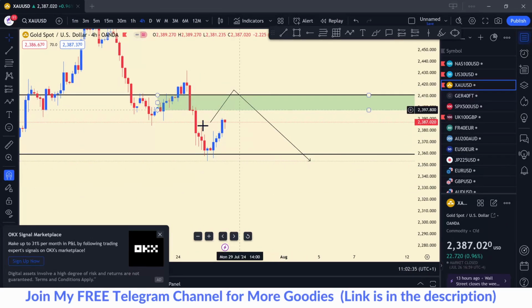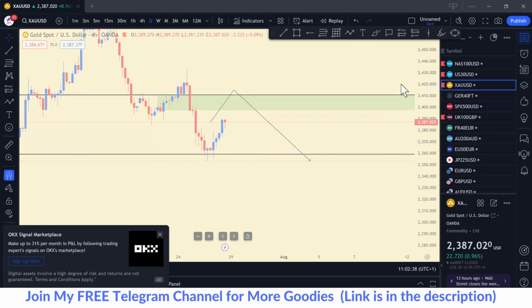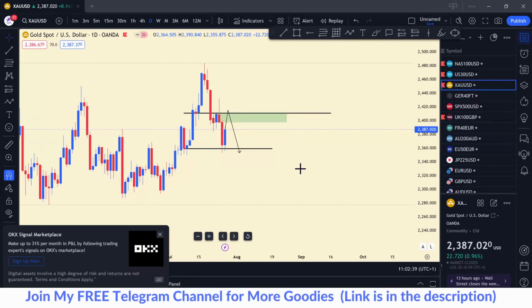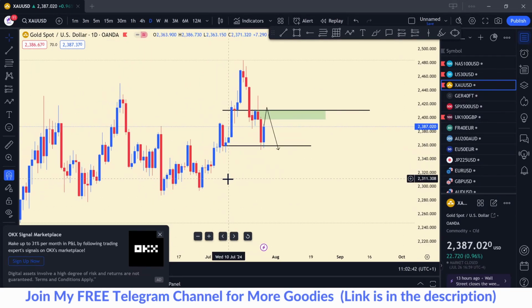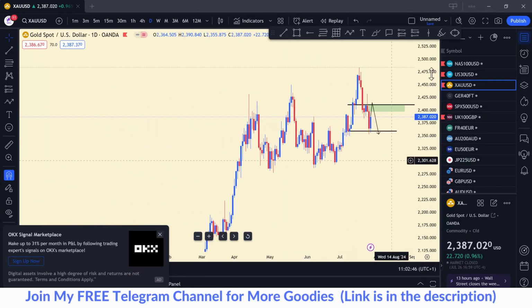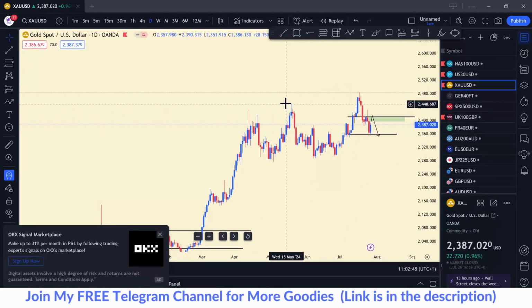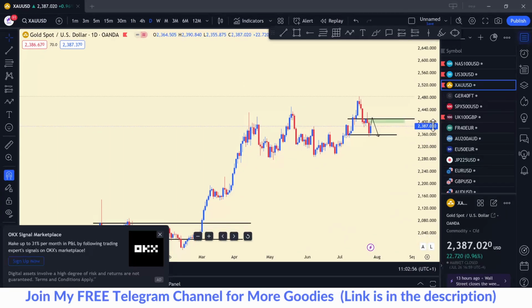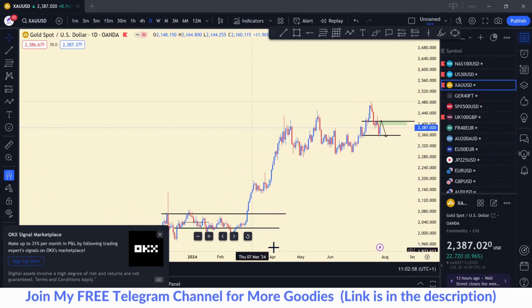All right. So these are the simple ways where I determine the direction of the market. I don't have to look at the overall market structure to know if the market has broken a structure high or structure low. All those things with time for a beginner is very confusing.